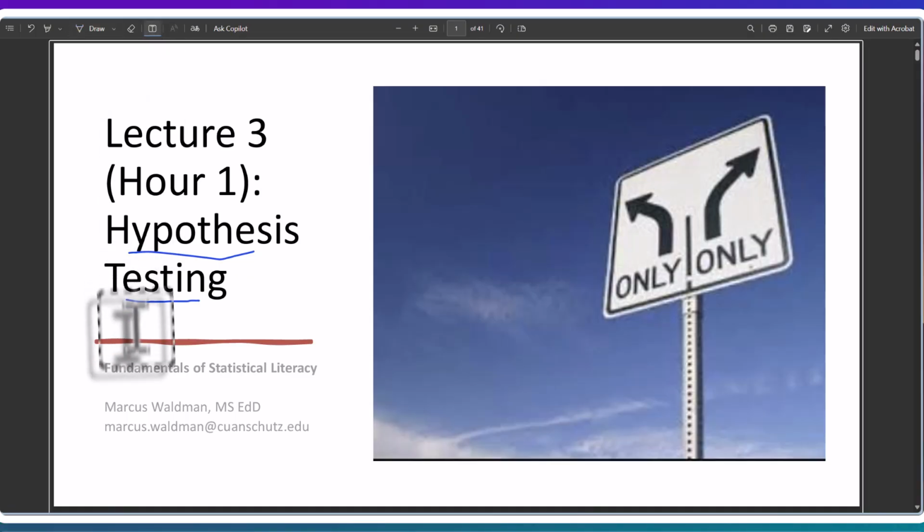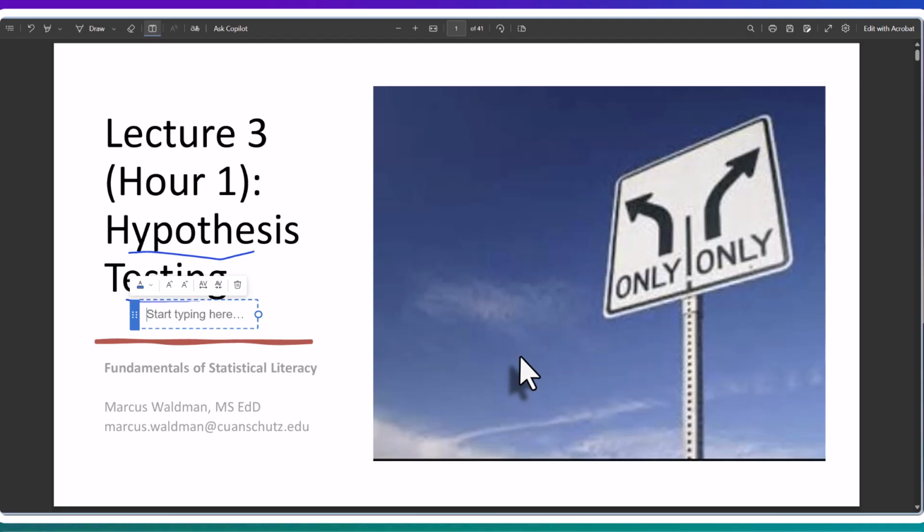I'm sure you've heard terms like statistical significance, which is used a lot in media. I'm sure you've heard what a p-value is. So that's the topic of today: this idea of statistical significance, what that means, what p-values mean, and how we arrive at it.